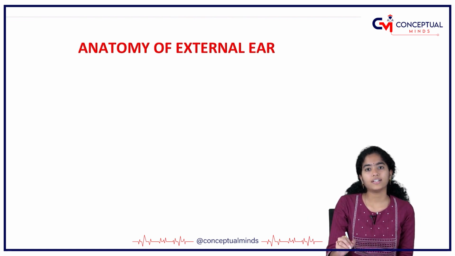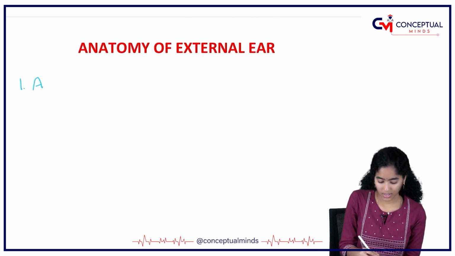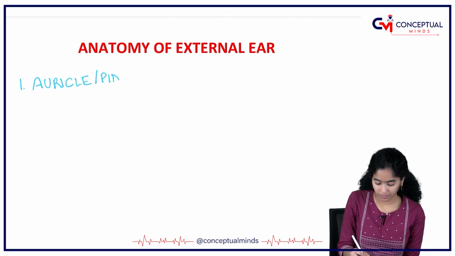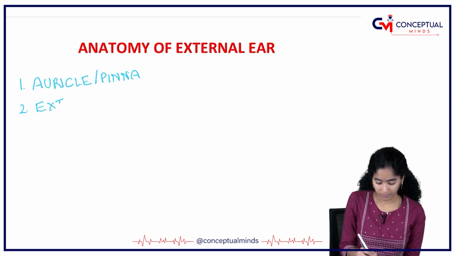The external ear is divided into three parts. The first part is the auricle or pinna. The second part is the external auditory canal.